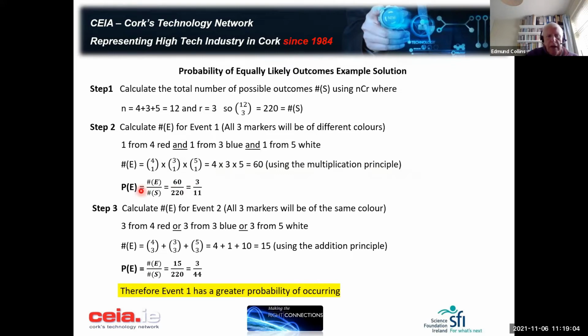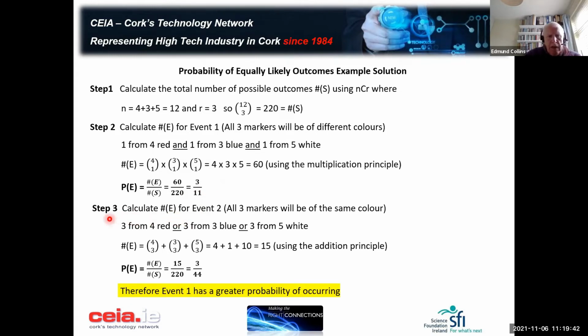Then, in order to calculate the probability of that event, we divide the 60 by the number of possible outcomes, which we calculated has been 220, and that simplifies from 60 over 220 to 3 over 11. So that's the probability of selecting three different colors.